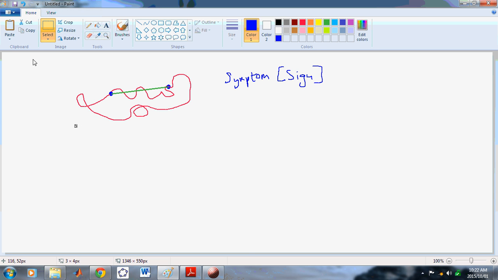How about 3 points? 1, 2, 3 different points, okay? What are they the symptom of? Well, once again, we can have infinitely many paths between these 3 points, can't we? Yeah?